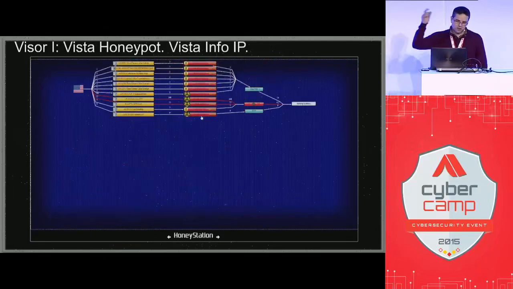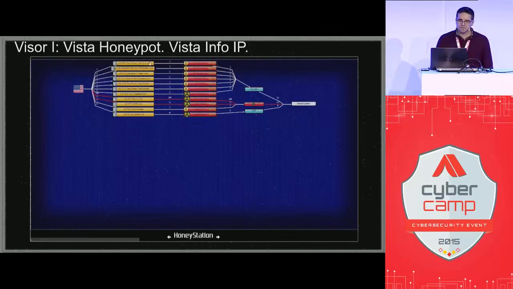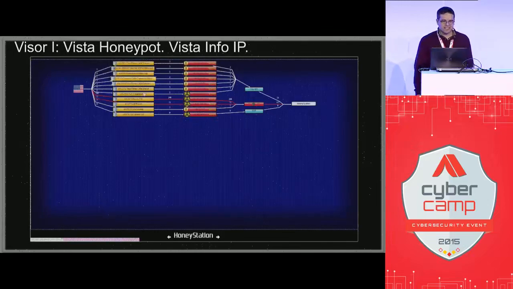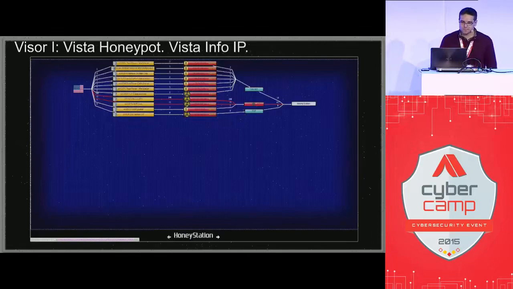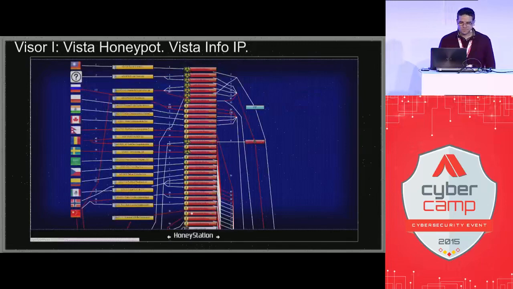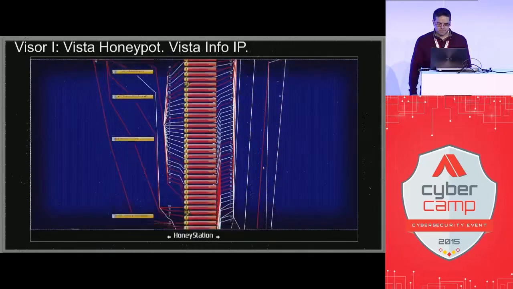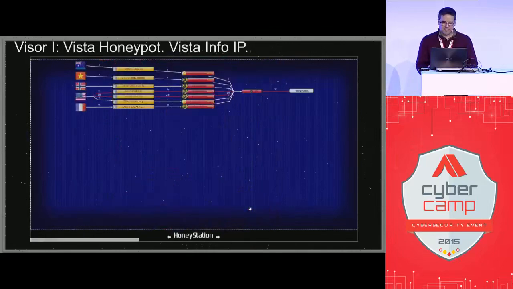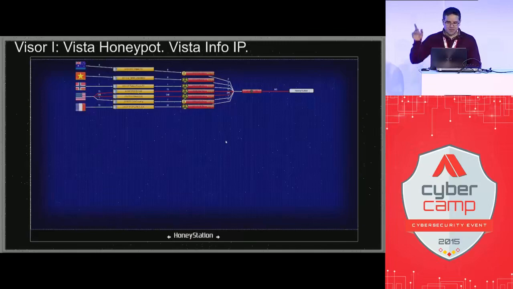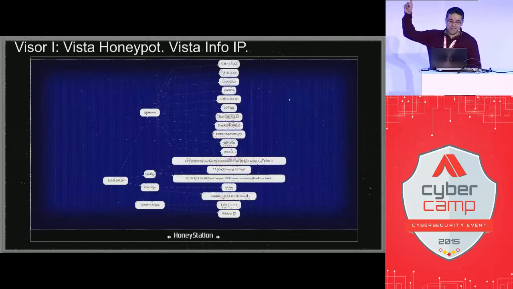Then I filtered them by US, so these are all the IP addresses. So data about DNS, that's ongoing all the time, every day. So here you will see the information that I can get.